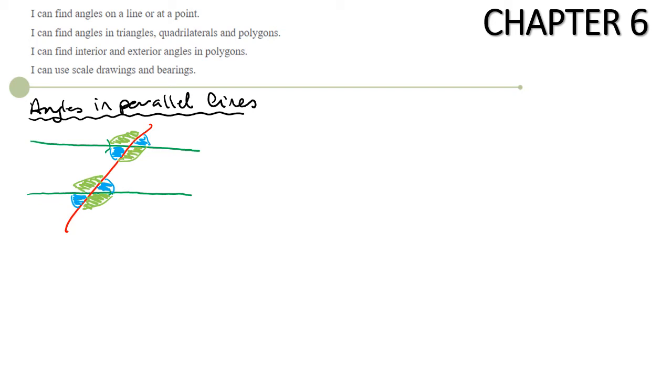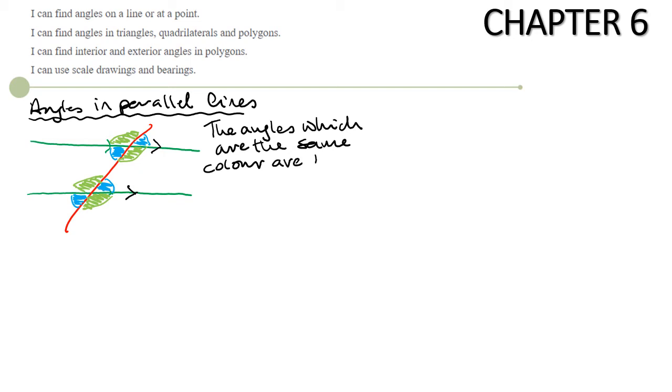And I've deliberately color coded them, because the angles which are the same color are the same size. So actually there are only 2 types of angle here, and if we know just one of them, we can work out all of them.